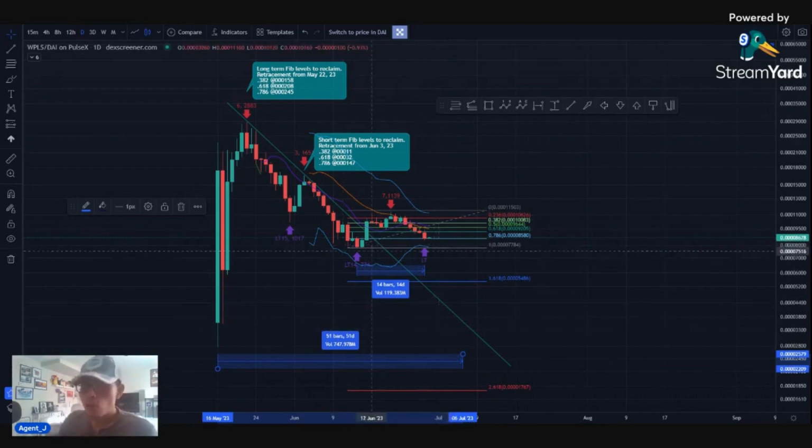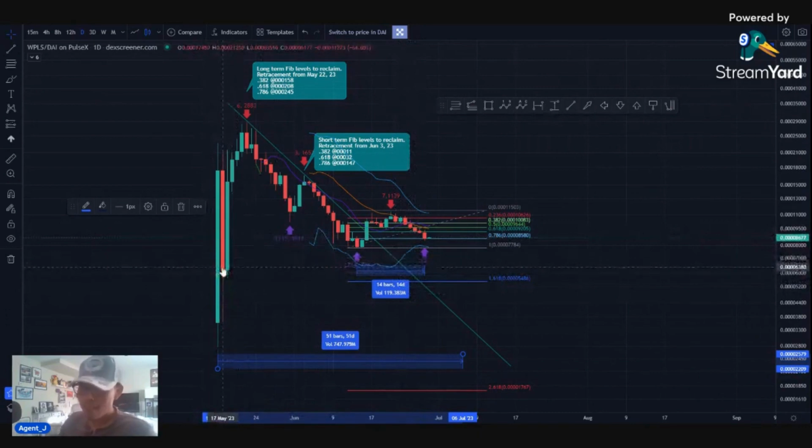Now, if we do happen to break down past that 30778 level and form a new low, we could expect price to come down here, right? 4 zeros and a 627. Why? Well, because this is really the only area where we have a chunk of price action to serve as support.